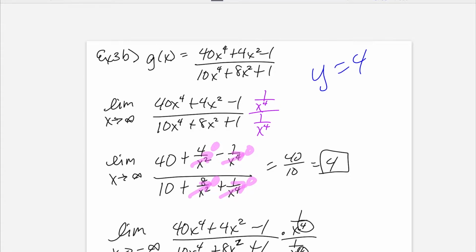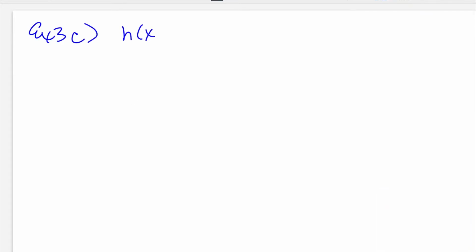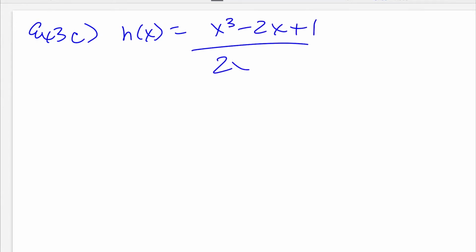All right. What happens if I have something a little bit different, like this one, where h of x is x cubed minus 2x plus 1 over 2x plus 4? Now my numerator is bigger in degree than my denominator. You're always looking at the highest degree in the denominator, which here is just this x.